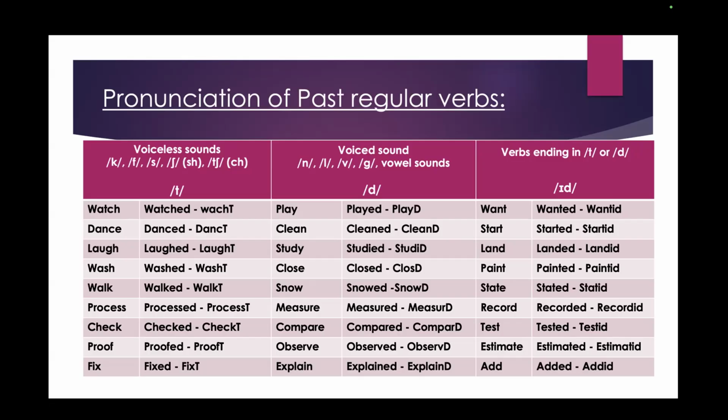So without remembering, okay, this verb ends in T or D, so I have to pronounce it this way, or if this verb ends in a vowel sound, then I have to use D, or if it ends in CH, then I have to use a T at the end when I'm using the past form. So this will come with practice.